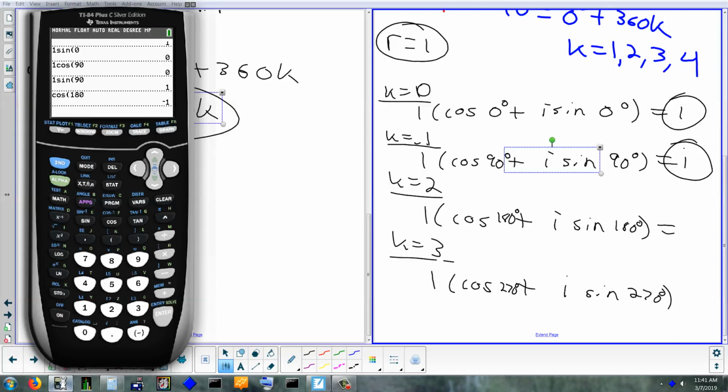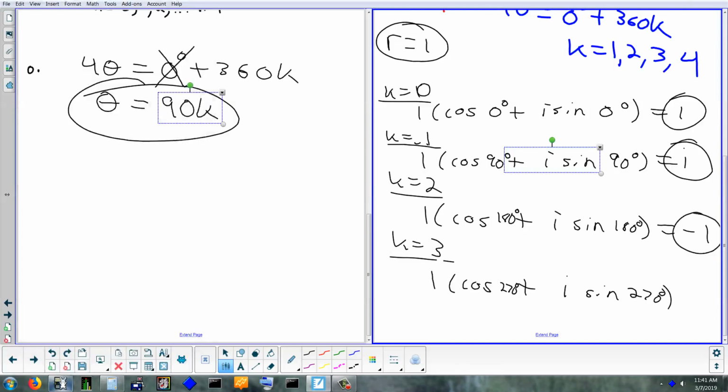Just trust me that sine of 180 gives you 0. So there's your -1. And the last one, cosine 270 is 0. That's gone. The sine of 270 is -1. -1 times i is -i. So those are the 4 answers if they asked you to change them to standard form: 1, -1, i, -i.